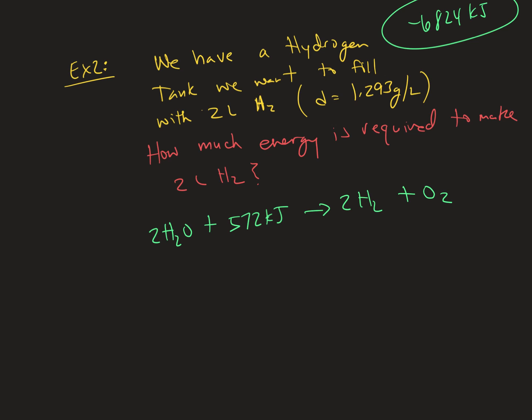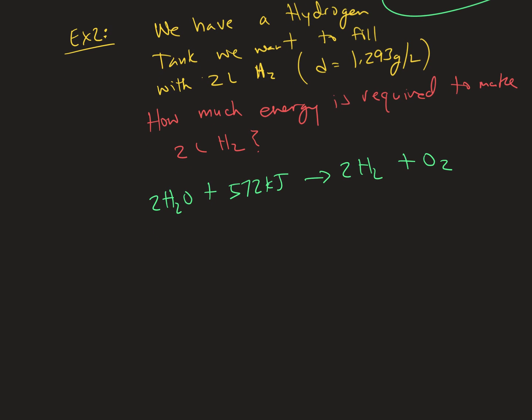Endothermic, because, so this is the same reaction as the previous one, just flipped, right? So we have to get that energy so we can break these bonds. Well, I thought broken bonds means you release energy. Depends on what we're dealing with.